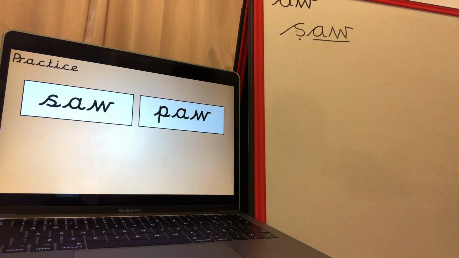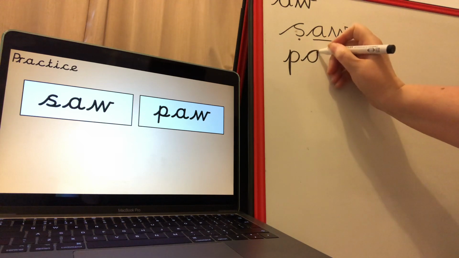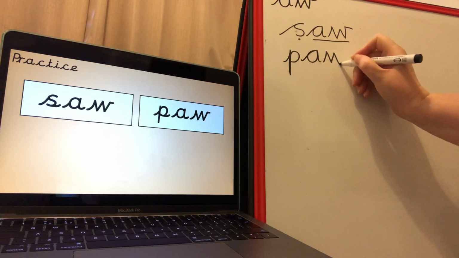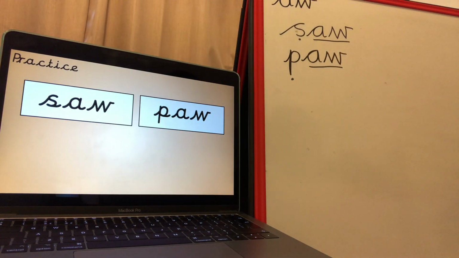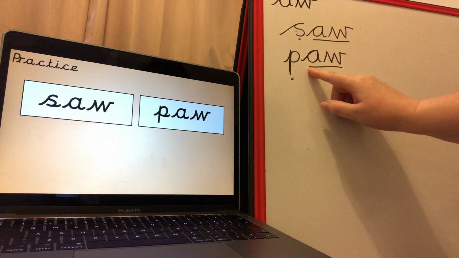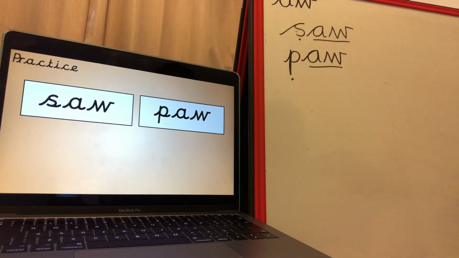Okay, I'm going to do the next one as well. Can you see the new digraph again? There it is. Button the other grapheme. Okay, and say it with me. Segment and blend. P, or, paw. P, or, paw. This spelling of paw is like the foot on an animal. A cat and a dog each have paws, don't they?